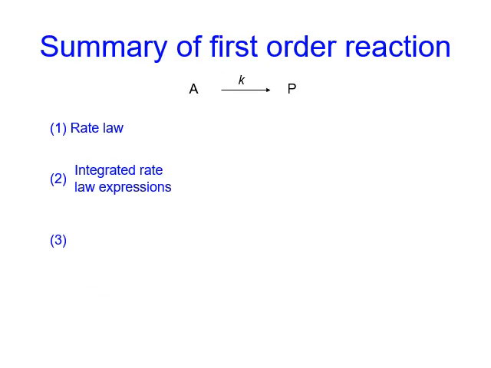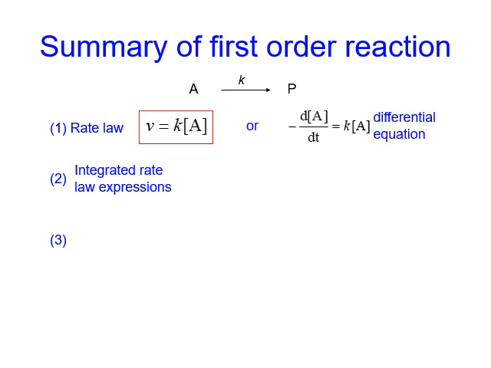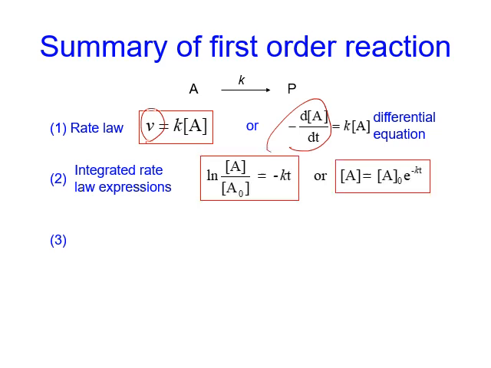Summary of a first order reaction. Suppose A goes to P is a first order reaction. The rate law equals k[A], and the reaction rate can be written as negative derivative of A over t, which gives a differential equation. Integrating this equation, we get the integral rate law for the first order reaction: natural log A over A naught equals negative kt, or concentration A equals initial concentration times e to the negative kt.